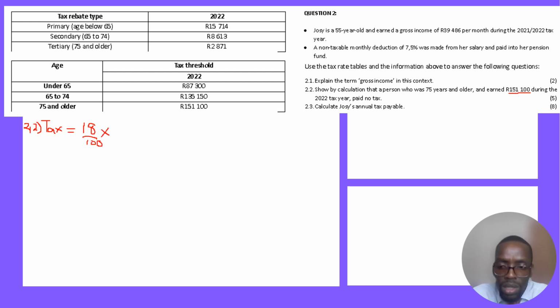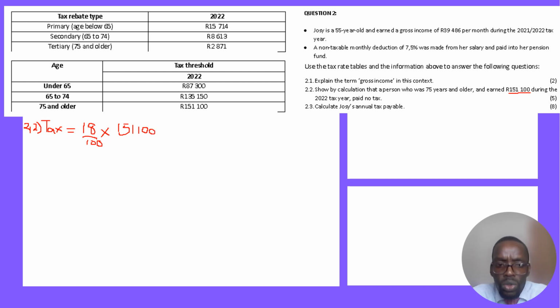Of the taxable amount. In this case, the taxable amount is 151,100.